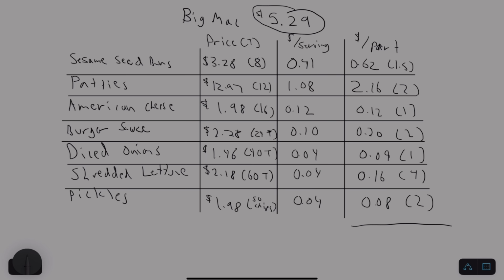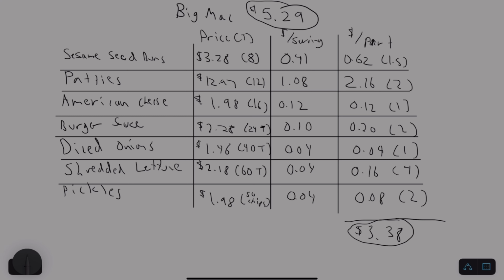Now, all we are going to do is add all these prices up, and the total cost to make this is going to be $3.38. Meaning that if we were to subtract this price from our Big Mac, it would be $1.91 cheaper to make.